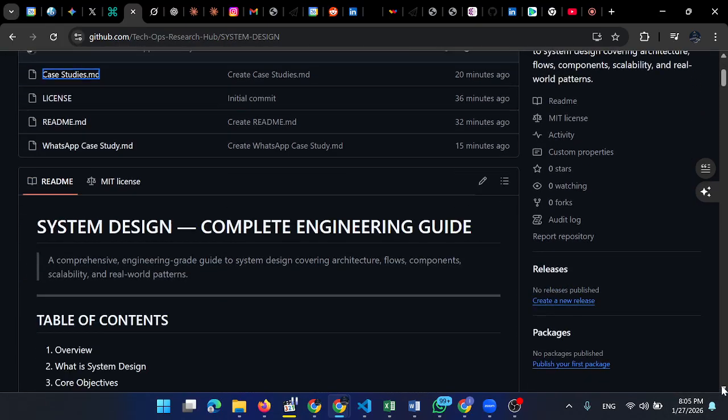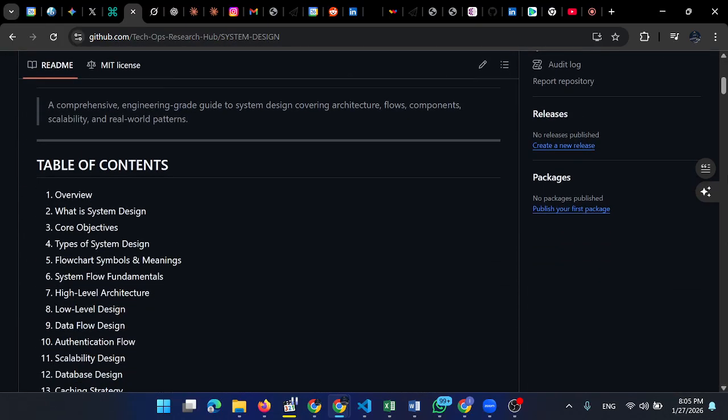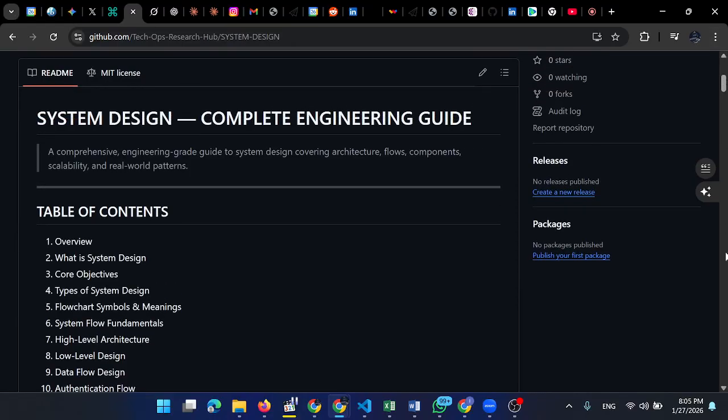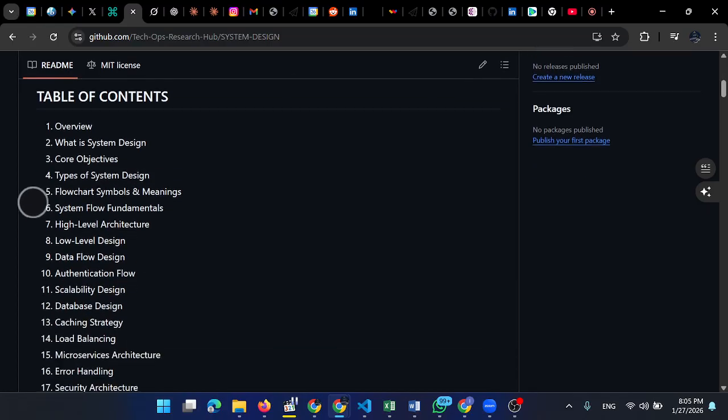So I want us to look at the complete engineering guide here, and this is very comprehensive. It is the engineering guide to system design, and it covers the architecture, flows, components, scalability, and also the real world patterns. So let's look at the table of contents here.